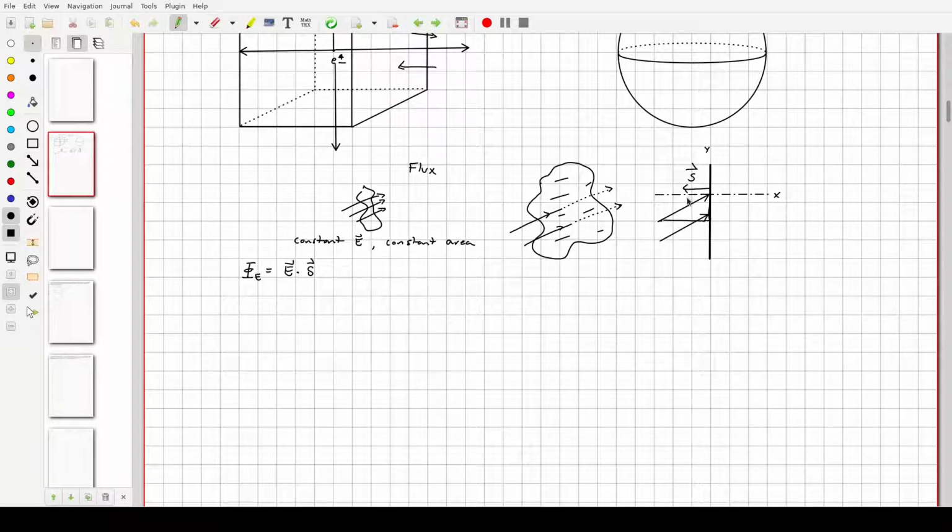Now, if you think of that in relation to the direction of out for our surface, in the direction of the surface normal, and we call this angle right here theta, then this part right here, the x part, is cosine.